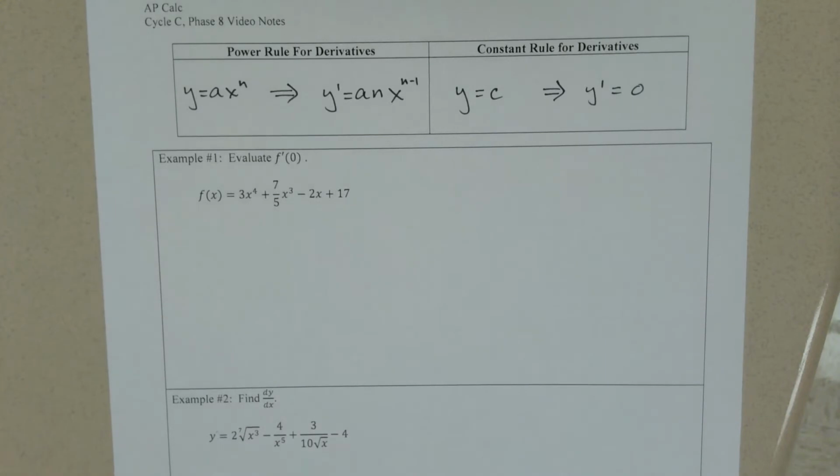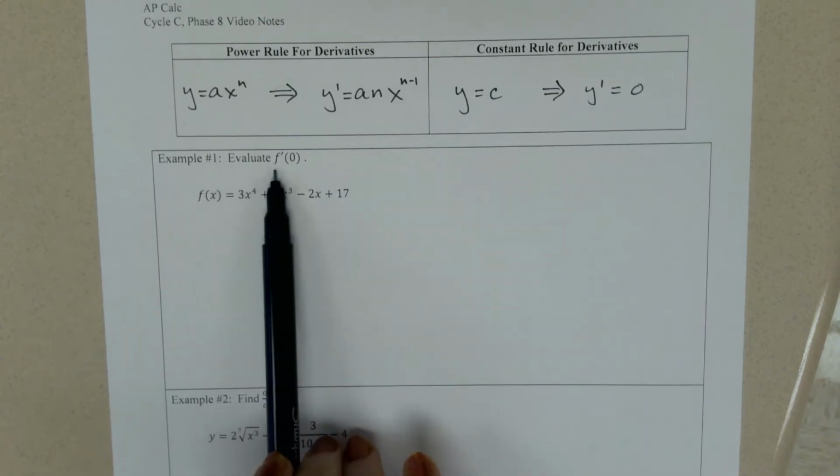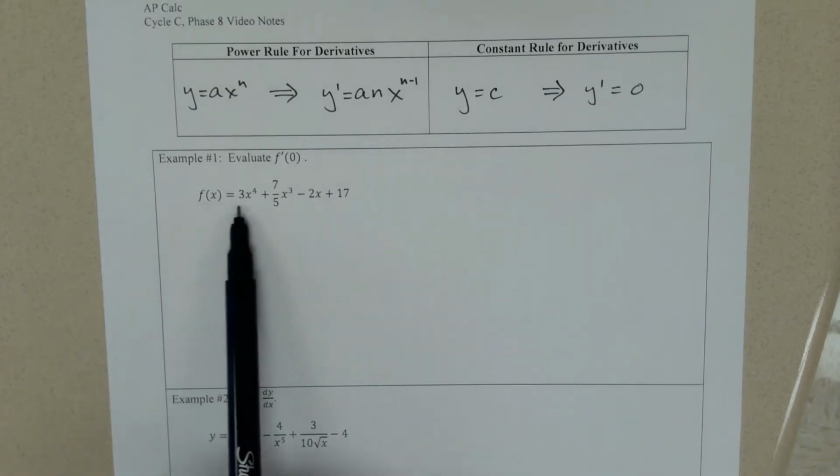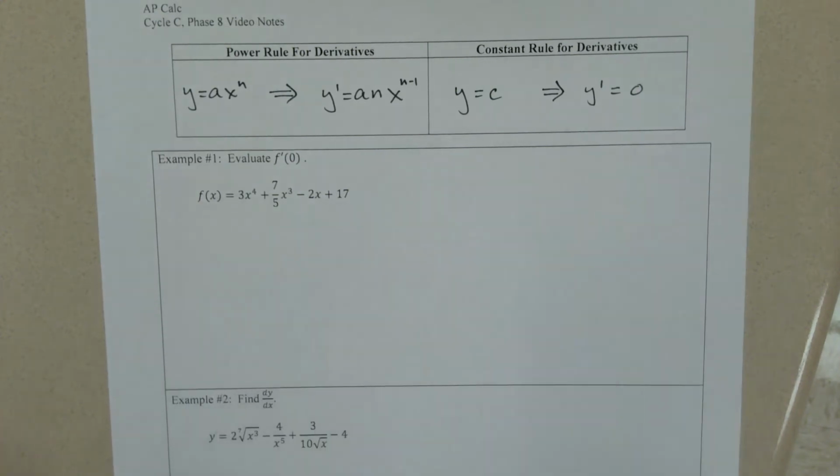We're going to find limits, derivatives, and then eventually antiderivatives, which would be going backwards from a derivative. So since all we know are limits and derivatives right now, you have to ask yourself, am I taking a limit or a derivative? If they're asking you to evaluate f prime of 0, is that a limit or a derivative? It's a derivative. So you need to take the derivative of this first.